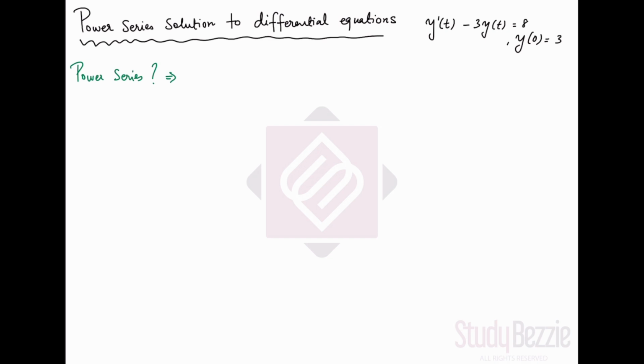So a power series is basically a series which looks something like this, okay? It's going to be an infinite series. So your n will start at 0 and go up to infinity, just like how you did in the very beginning of the course. So a power series is a series that starts at 0, the index goes up to infinity, and looks something like this, which is a coefficient Cn times x to the power of n.